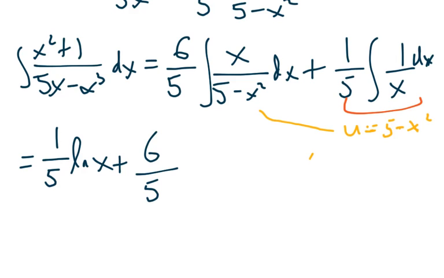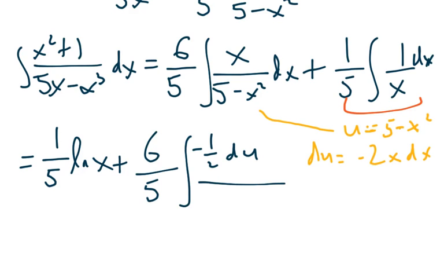This tells us that du is equal to minus 2x dx, which is pretty close to what we have up there. So we have 6 over 5, and we see that x dx is equal to minus 1 over 2 du. And then on the bottom we just have u.